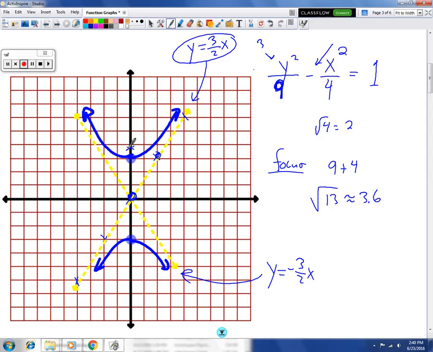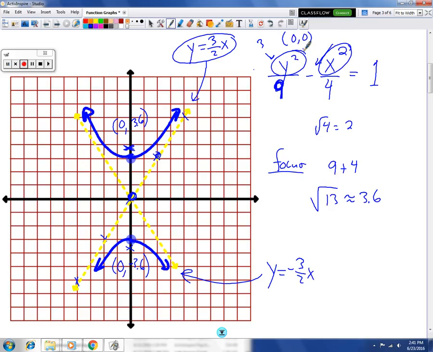So here would be a focus right there, that blue X, so 0 and about 3.6. And down here would be my other one, that blue X, so 0, negative 3.6. I didn't talk about the numerators, but with a plain old y squared and plain old x squared, your center is 0, 0.